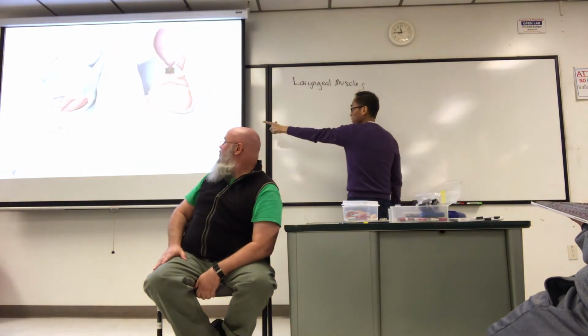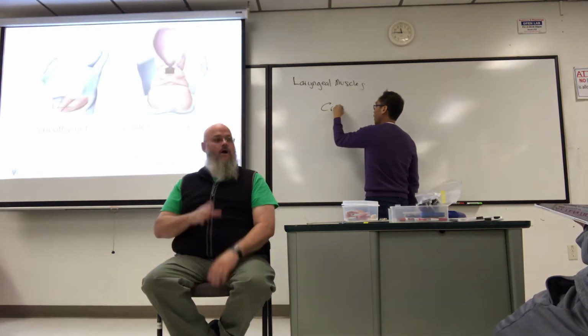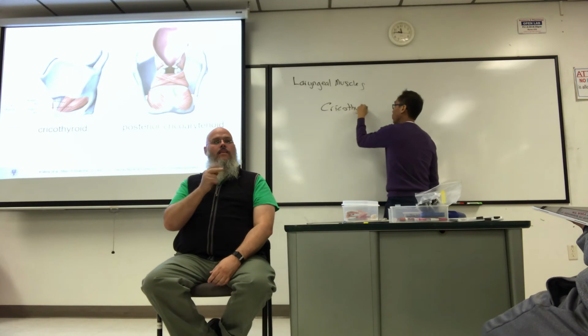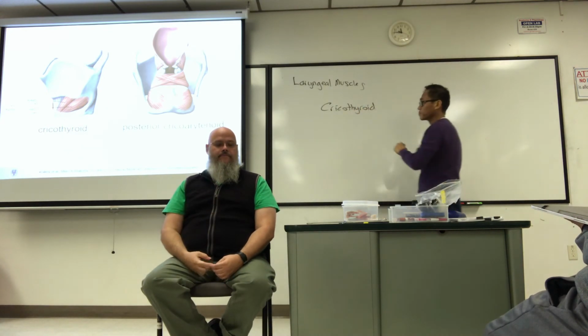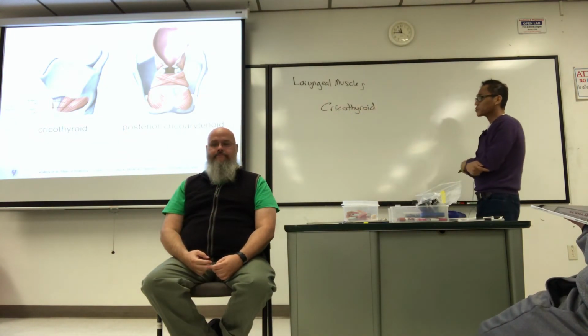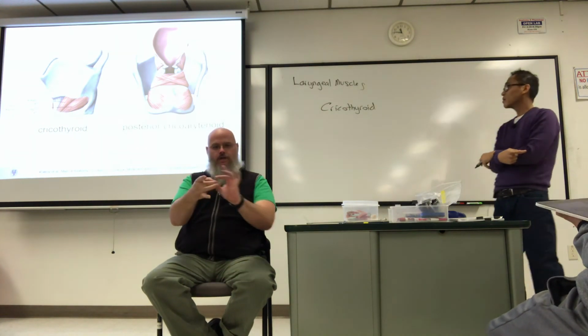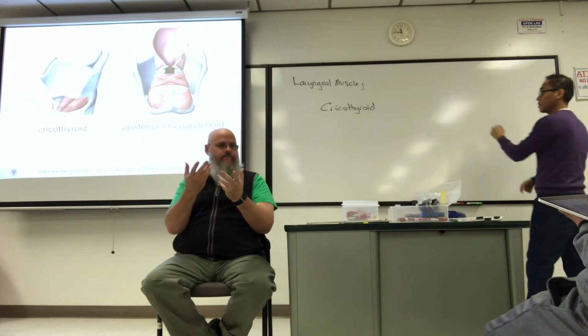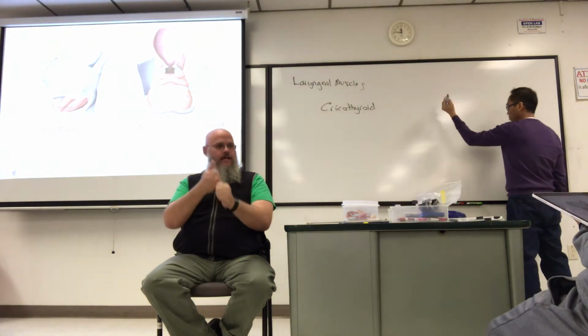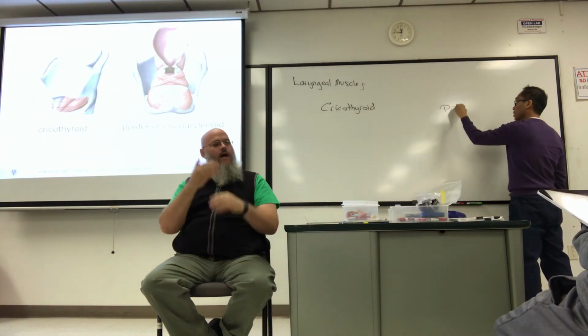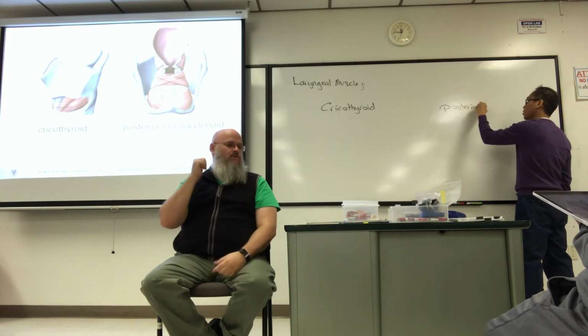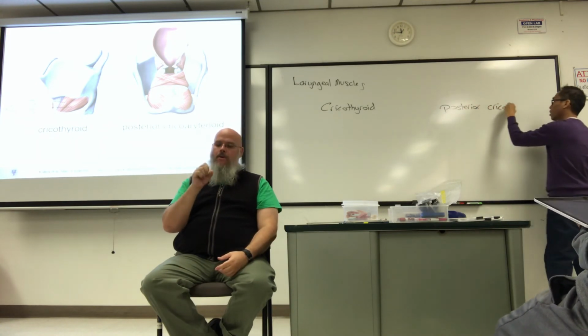The one on the front is cricothyroid. These muscles are named for what they attach to, right? That's one way you can name the muscles. Then the other one, the one on the back, that's why they call it posterior cricoarytenoid.